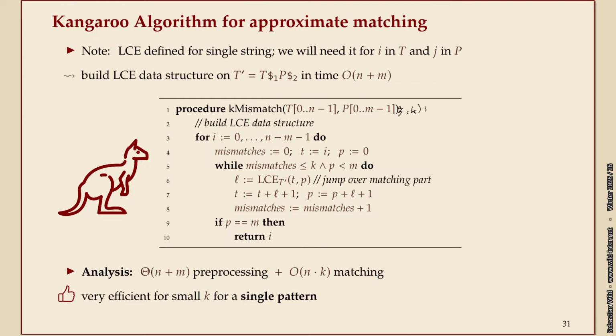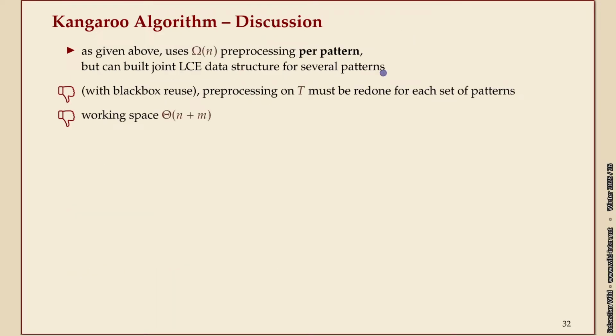Of course, what I'm hiding here is the complexity of building this longest common extension data structure. The promise will eventually come true that it is in linear time to build this, but it's not for free. So in particular, if you look at it from this black box approach, it's not clear how much we can reuse pre-processing steps. At least the way we formulated it, you have to pre-process the entire genome and each read in each step.